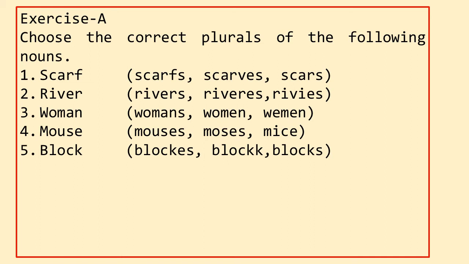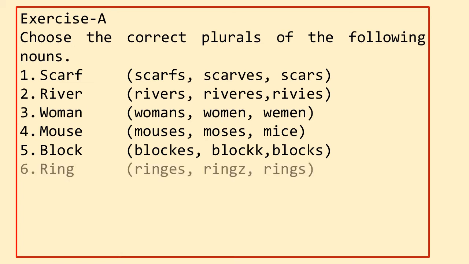Number 5, block. The words given in the bracket are blockes, blockk, or blocks. You have to identify the correct plurals. Yes, if you have understood the rules well, you will do it quickly without wasting time.